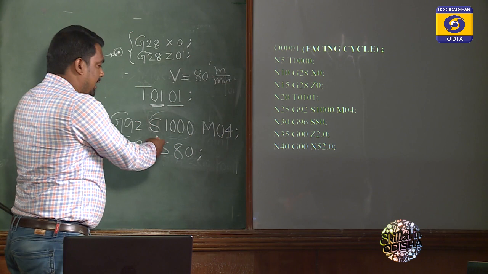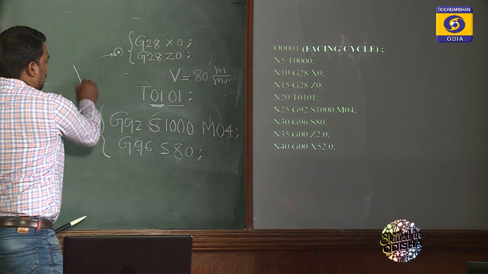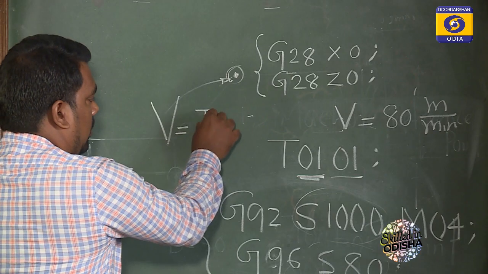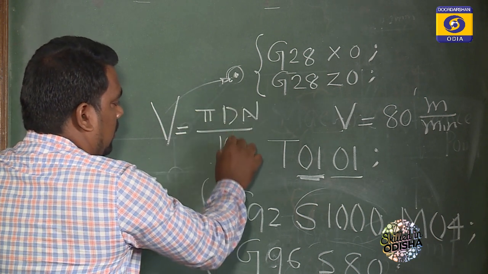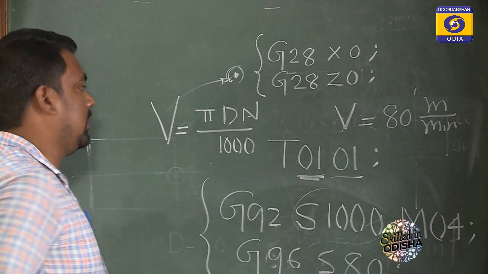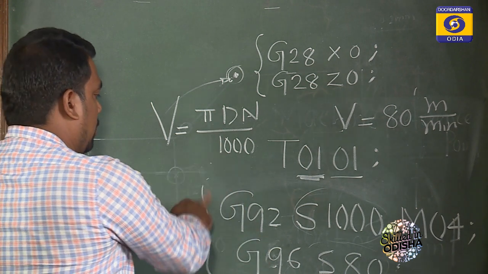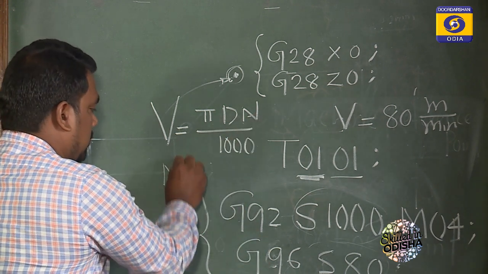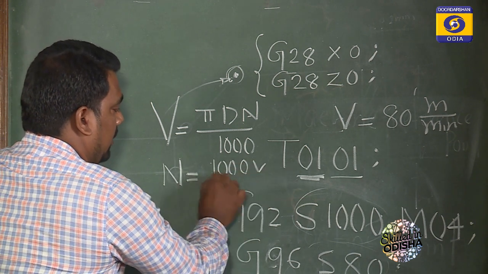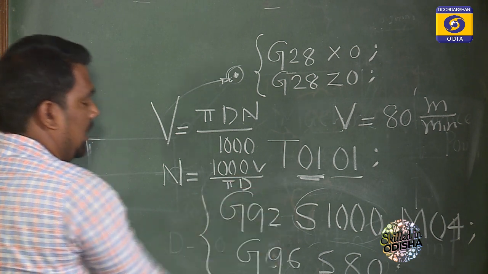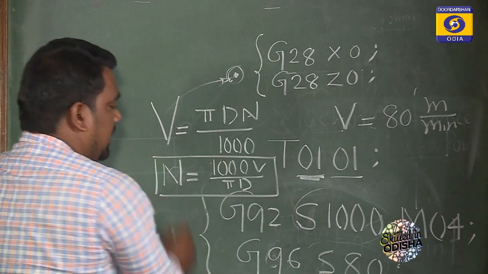So if I put the 80 meter in the formula, we know the cutting speed formula is V equal to pi d n by 1000, where d is in mm. From this formula I can know my n value: n is equal to 1000 V by pi d.